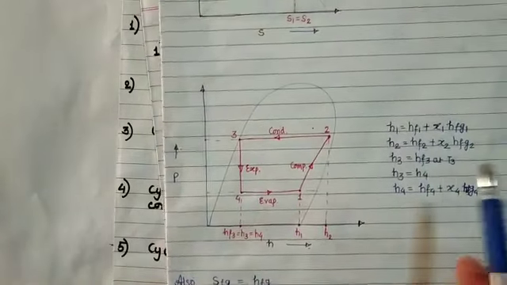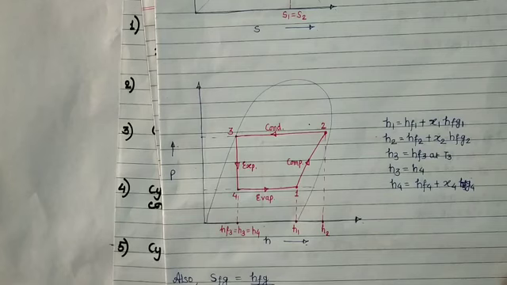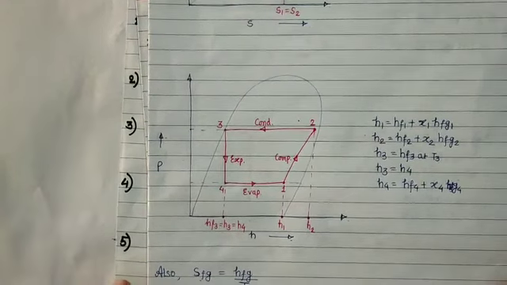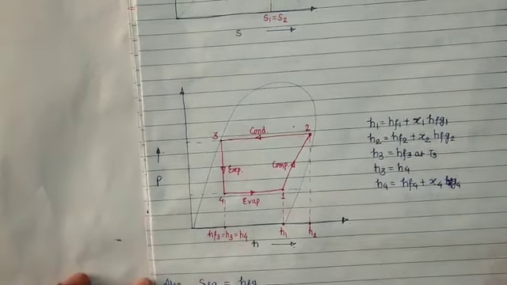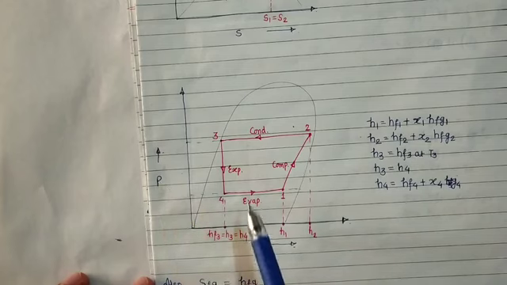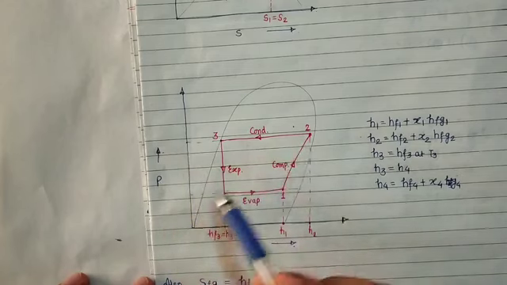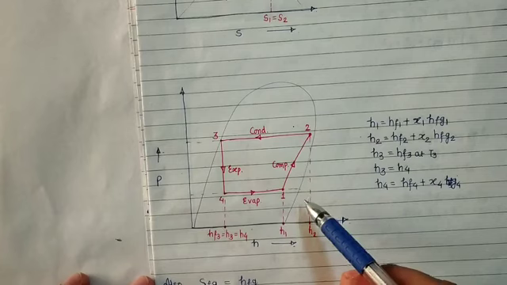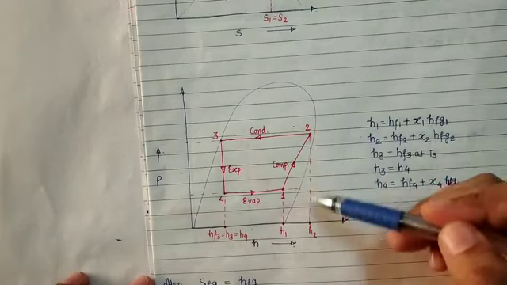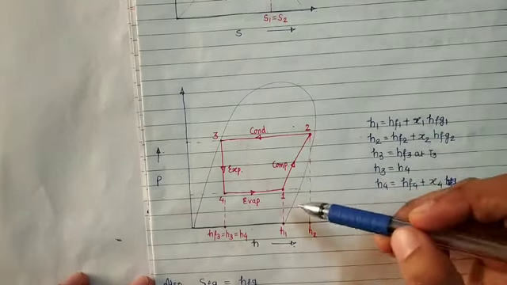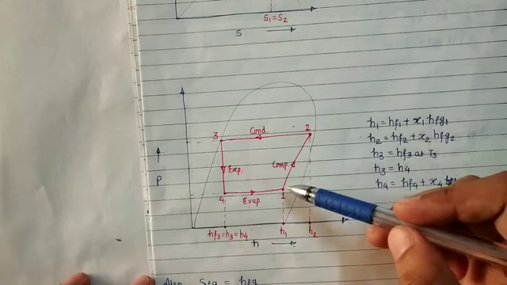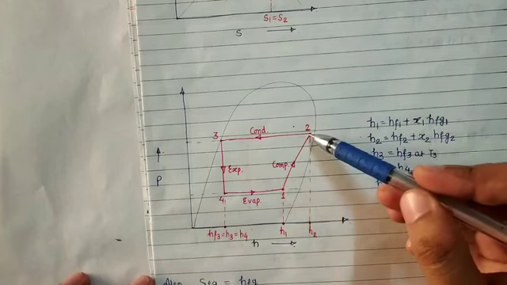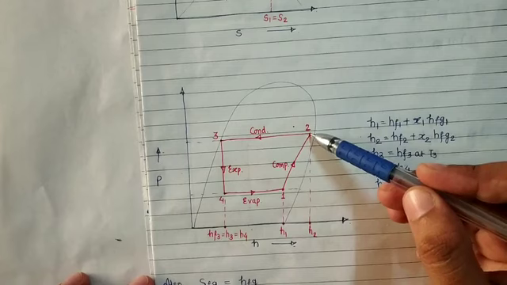In similar fashion, we have represented the same process on the pH diagram. pH diagram is pressure enthalpy diagram. So any horizontal line in this diagram will represent constant pressure, whereas any vertical line will represent constant enthalpy. Same thing we have done here as well. Point 2 we have drawn inside the liquid vapor region.